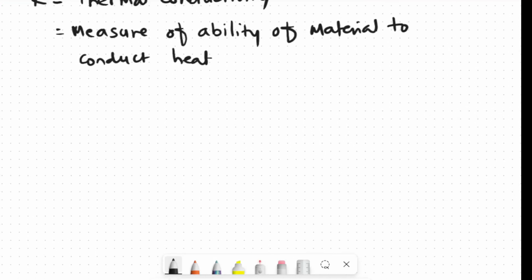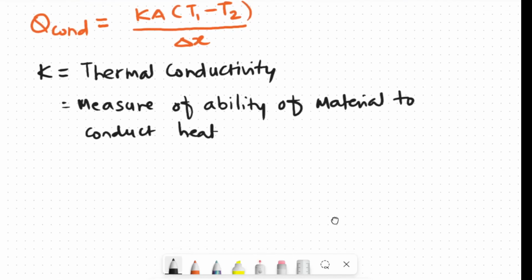We can find out the unit of this K. So let us find out the unit of K. We know that heat conduction is in watts. The K unit we need to find out. Area is in meter square.